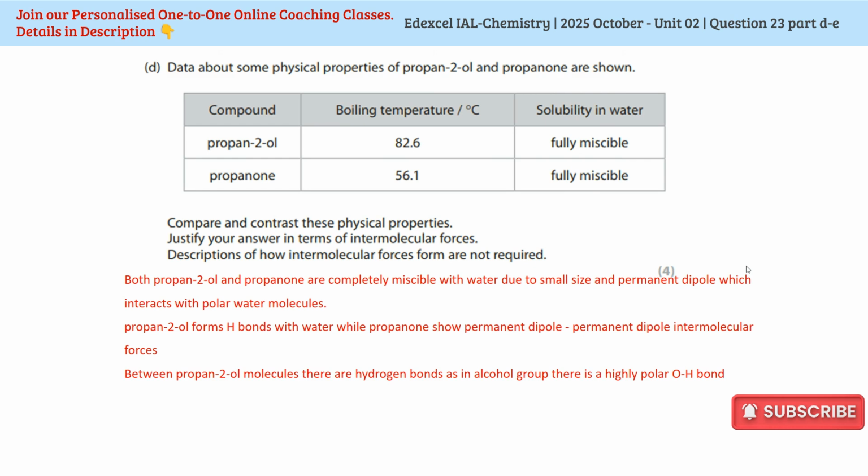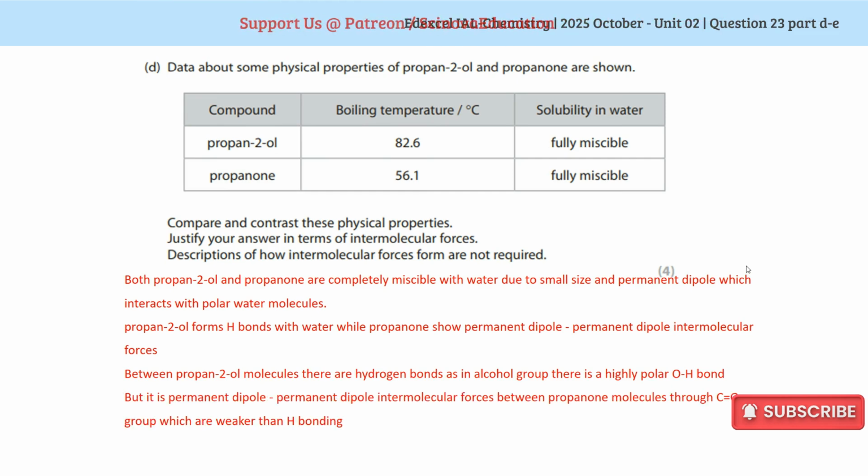Then moving on to boiling temperature, between propan-2-ol molecules there are hydrogen bonds as alcohol groups are there, which are highly polar, and in propanone it is C=O bonds, which make the molecule a permanent dipole but not causing hydrogen bonding.